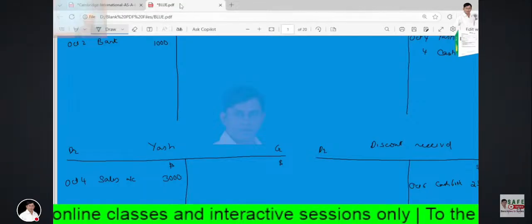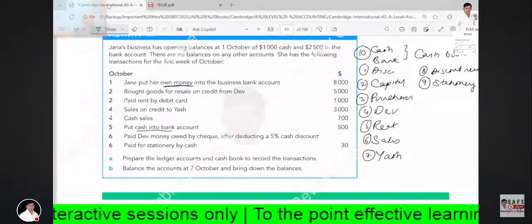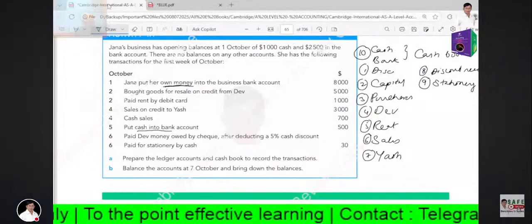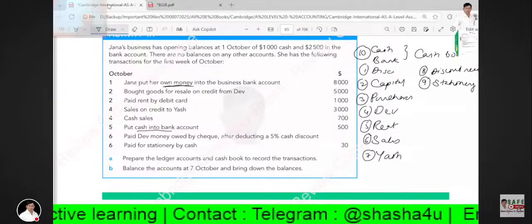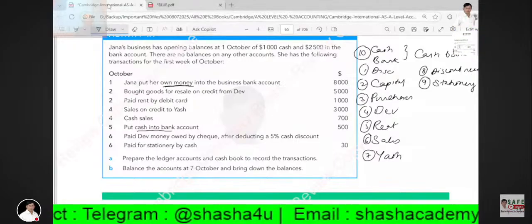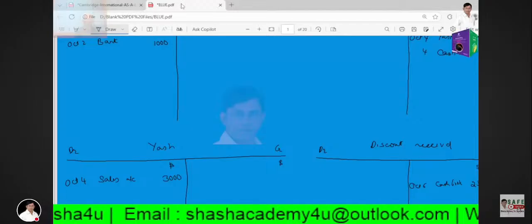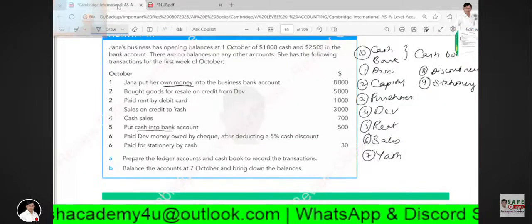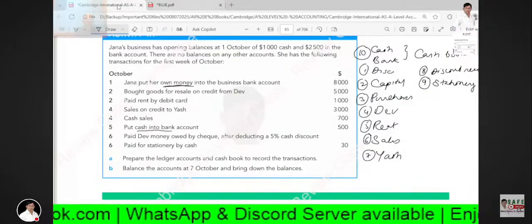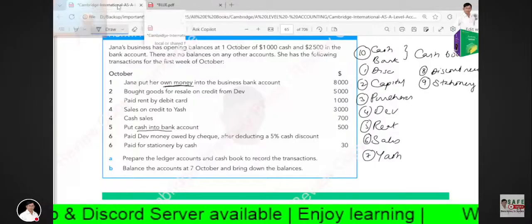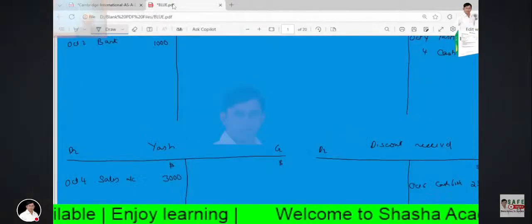So next, paid for stationery by cash 30. It is on 6th. Paid for stationery by cash.